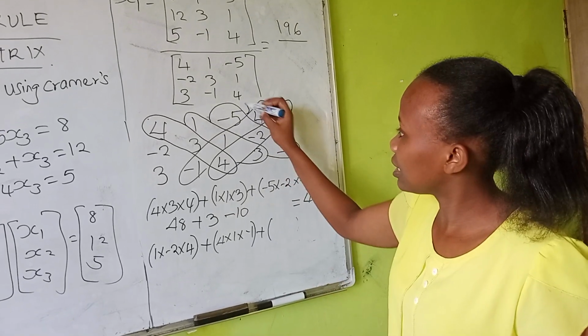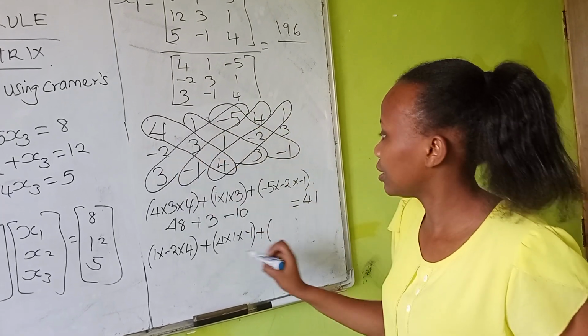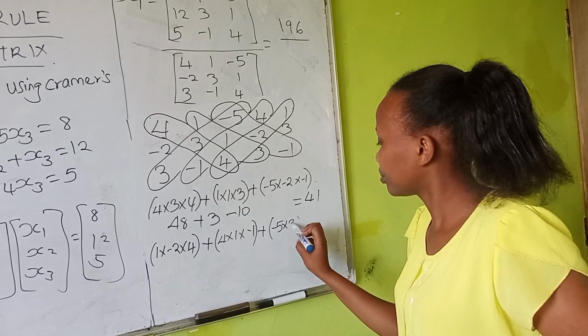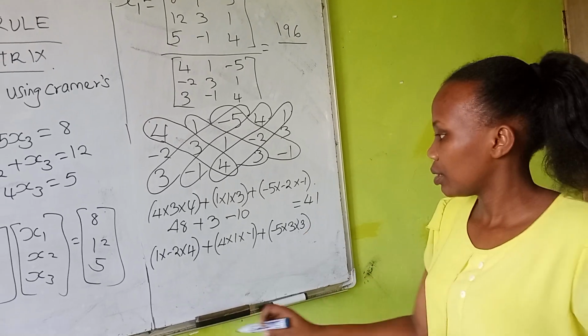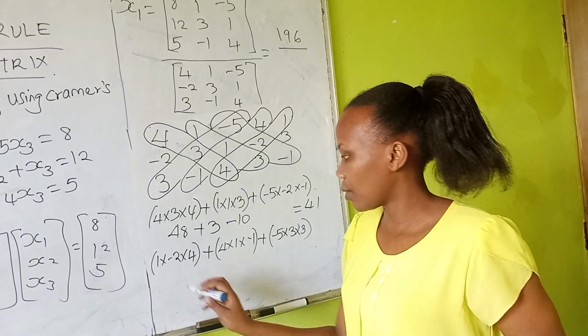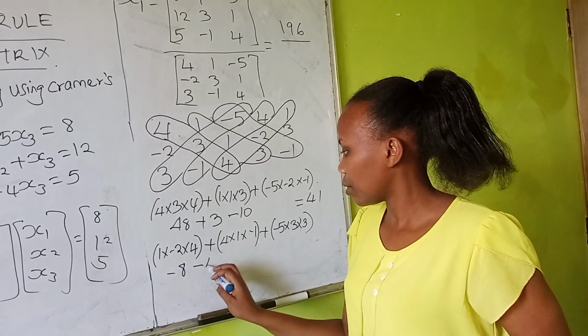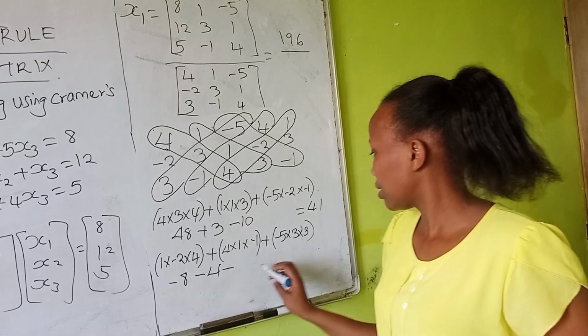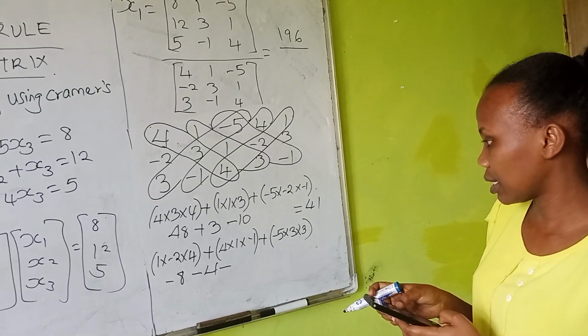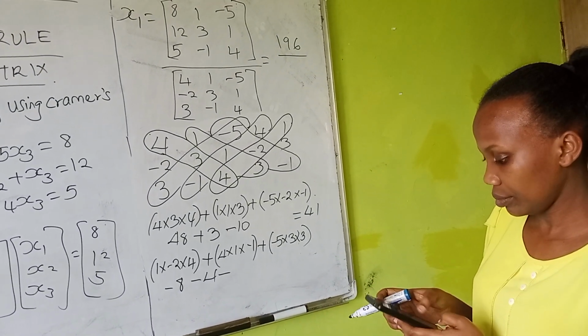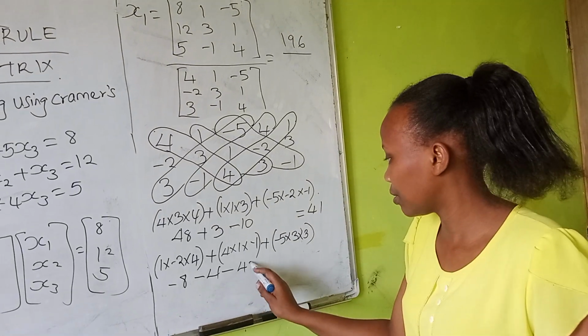Then you add negative 5 times 3 times 3. So 1 times negative 2 times 4, that is negative 8, minus 4, minus 5 times 3 times 3, that is 45.